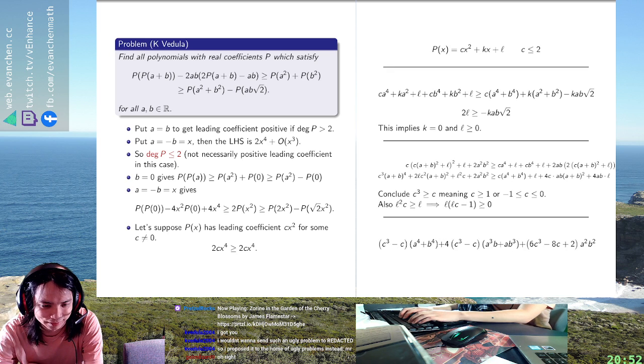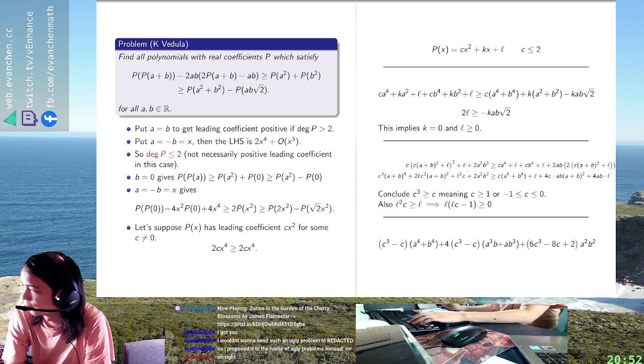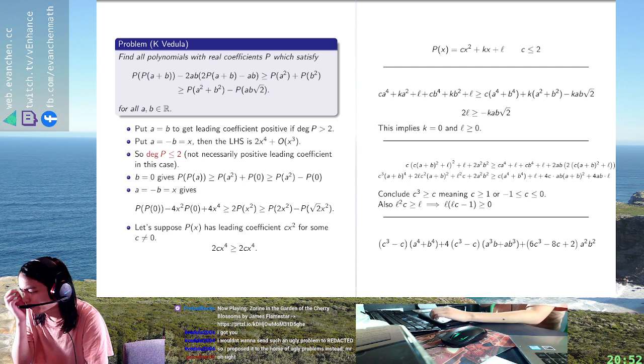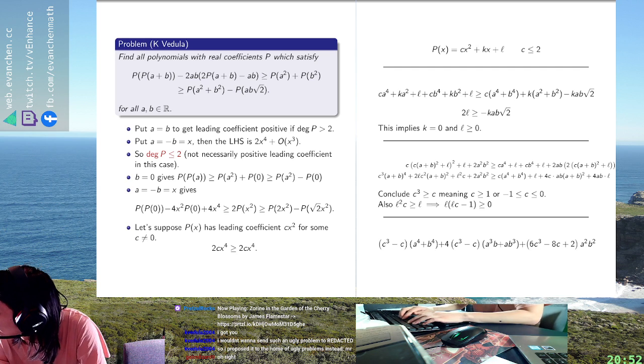I guess that also has c equals. Is that right? I think that's what it is, right? Okay, how does 6c cubed minus 8c plus 2 factor?